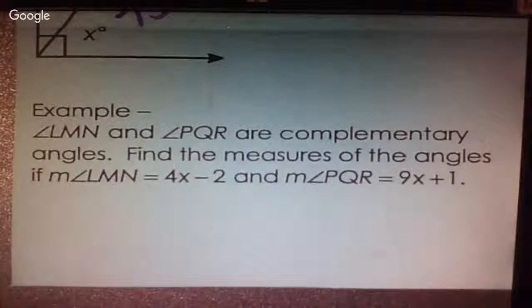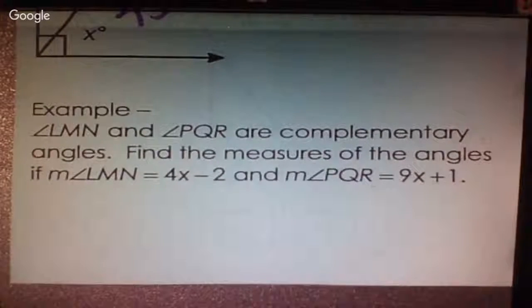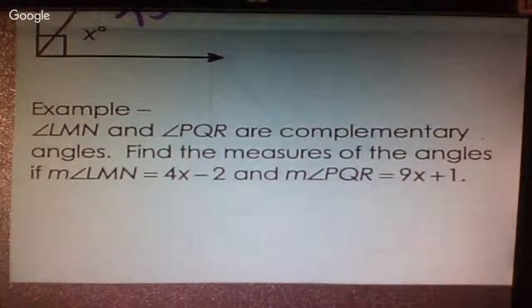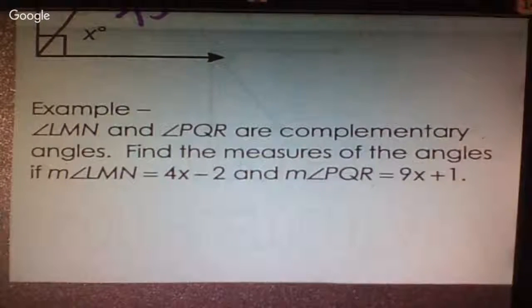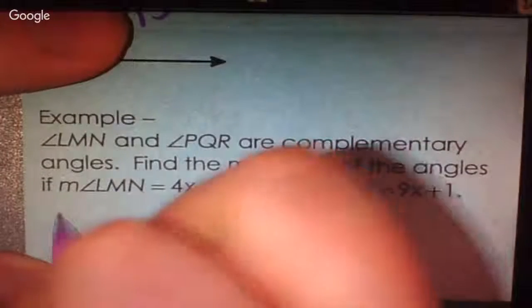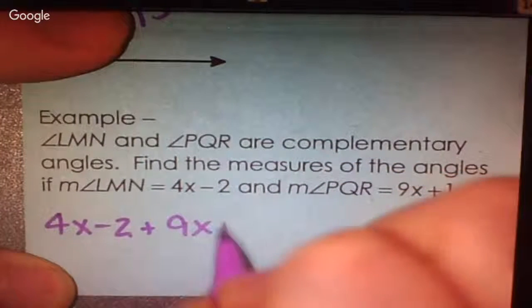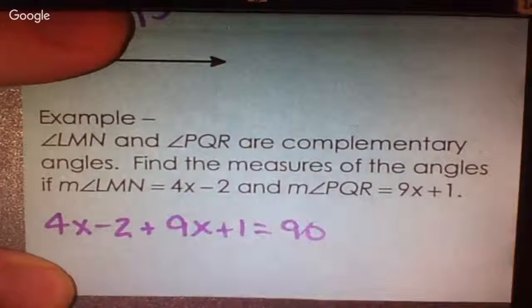If the two angles in this example are complementary, and they tell me one angle is 4x minus 2 and the other one's 9x plus 1, how do I solve for x? You add the two together and set them equal to 90 because they should equal 90. So 4x minus 2 plus 9x plus 1 should equal 90 degrees.